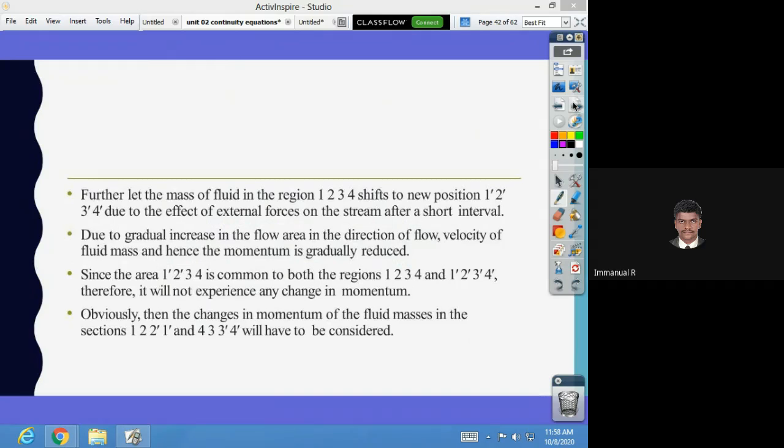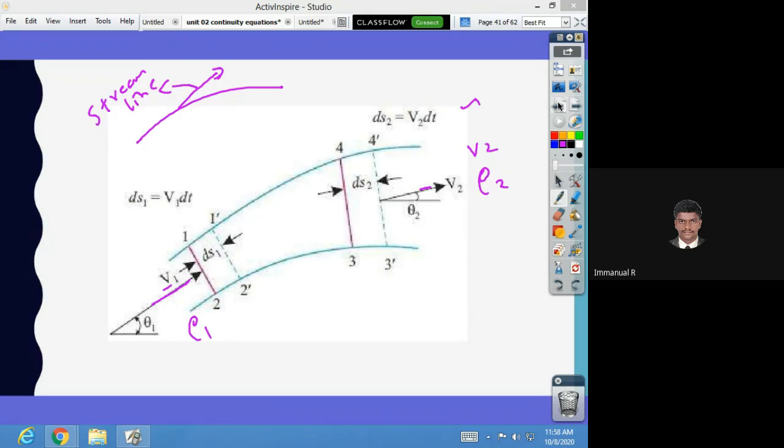Next point, further let the mass of fluid in the region 1, 2, 3, 4 shift to a new position 1 dash, 2 dash, 3 dash, 4 dash due to the effect of external forces on the stream after a short interval. So after a short interval, the fluid occupies this region.